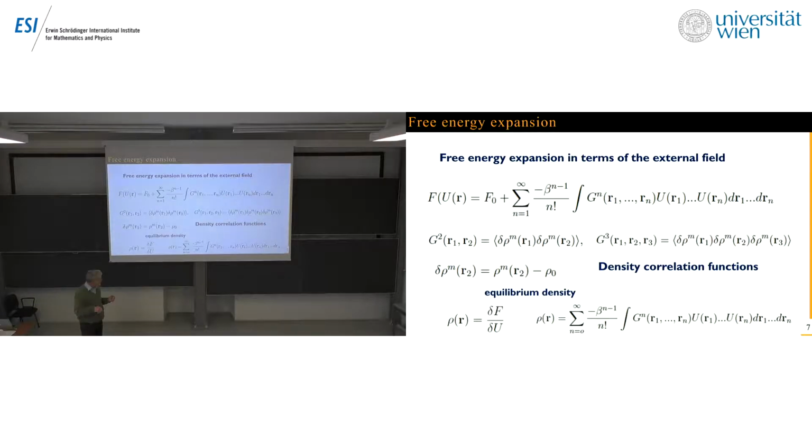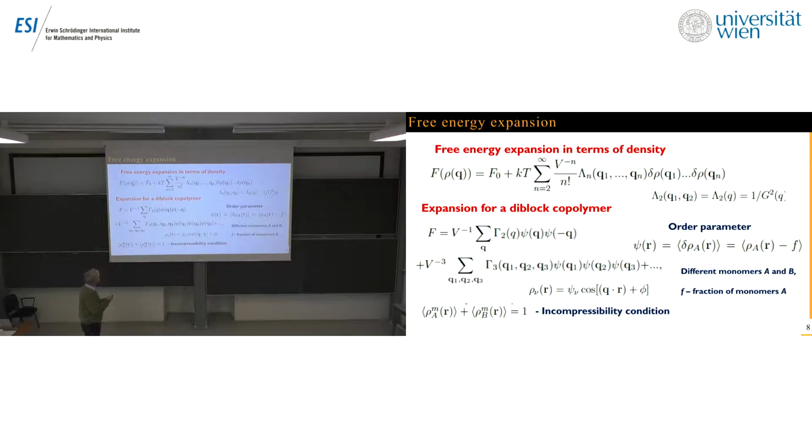And then we can use it to expand these external potentials in powers of the equilibrium density and substitute back into the free energy. And in this way, we obtain the expansion of the free energy in terms of these equilibrium densities, more exactly deviation from the average, but it doesn't matter much.